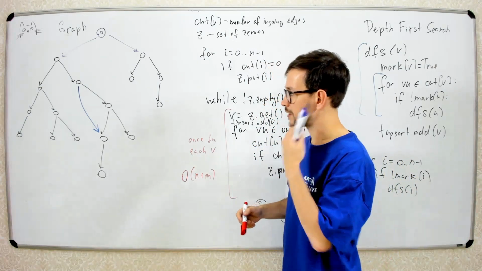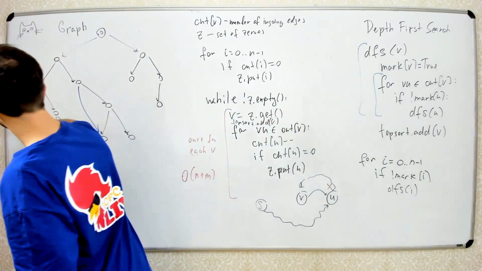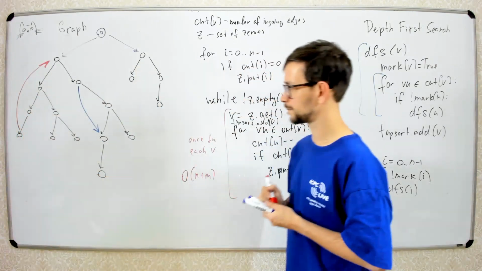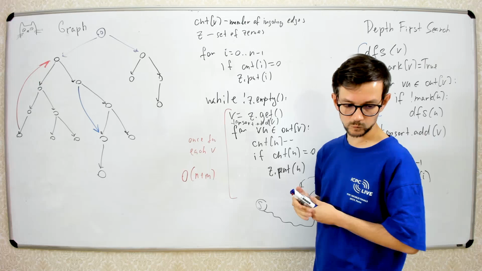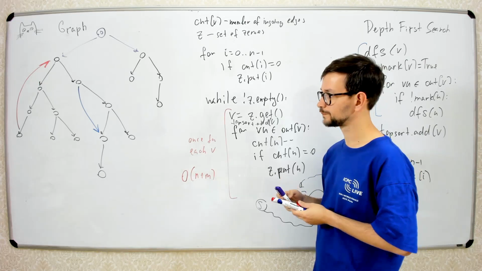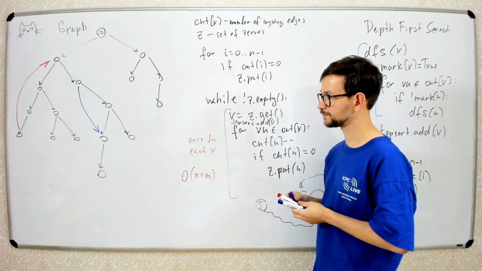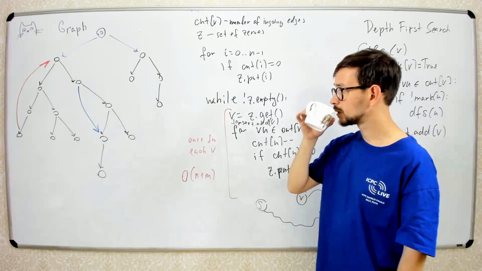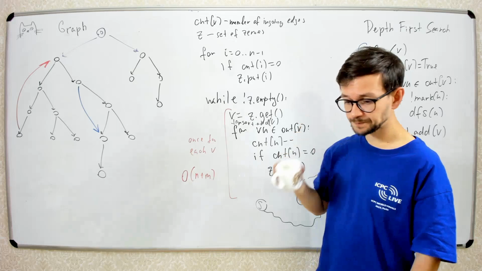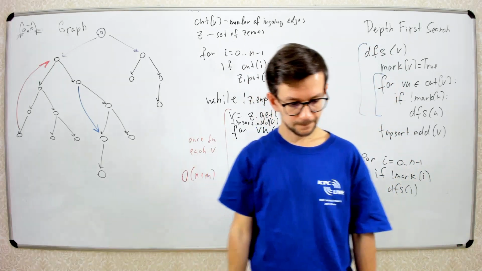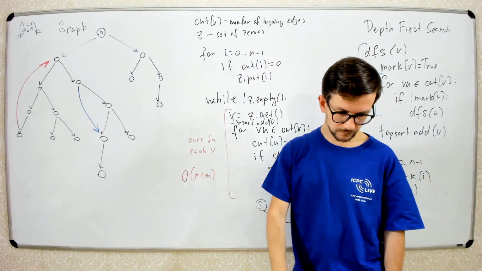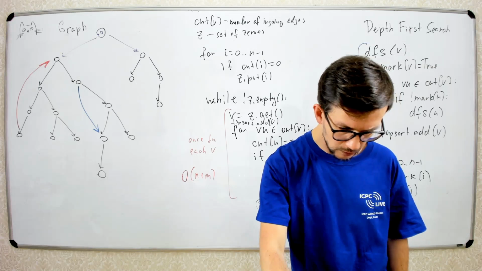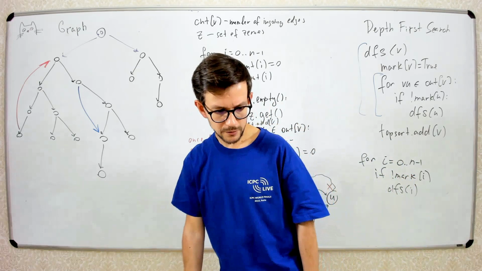Can you have another situation? Can you have an edge which connects some descendant to some ancestor like this? Any thoughts?